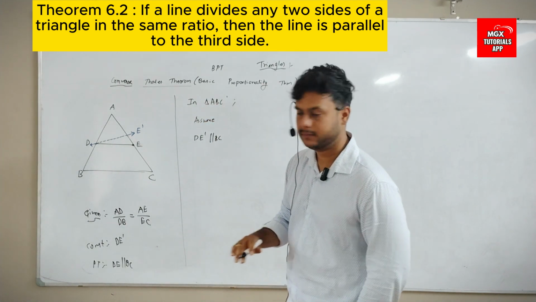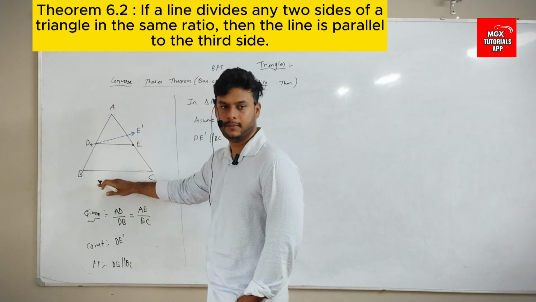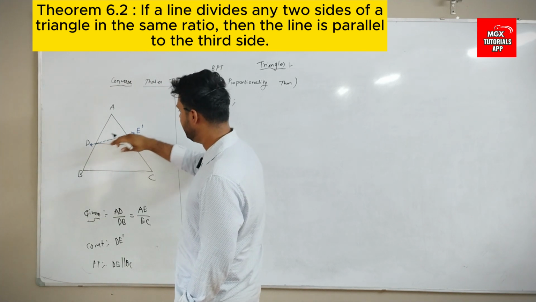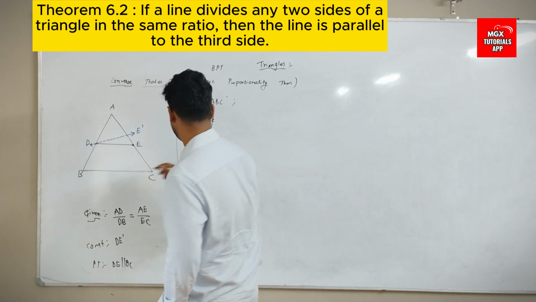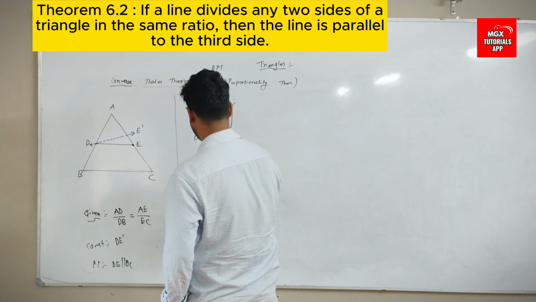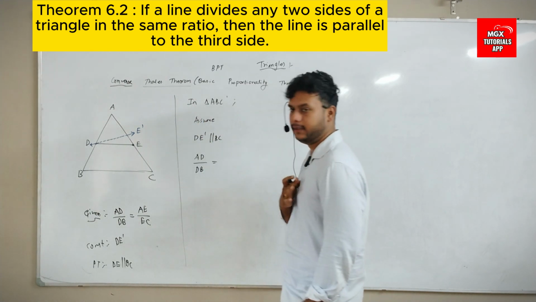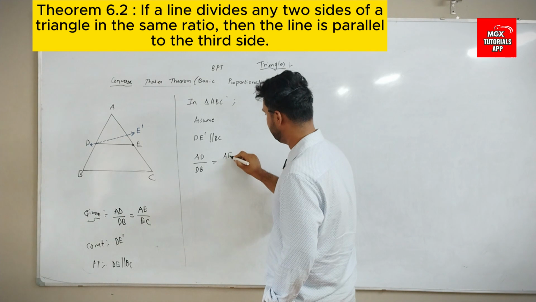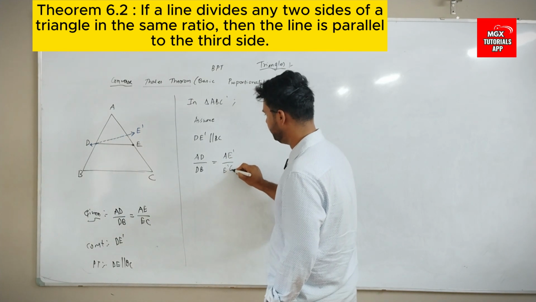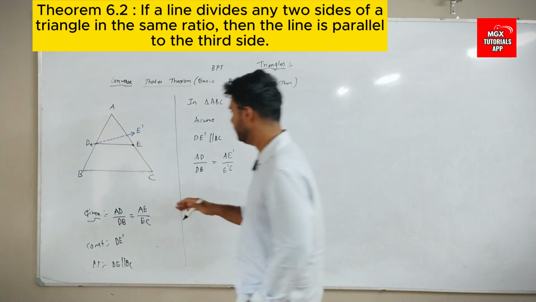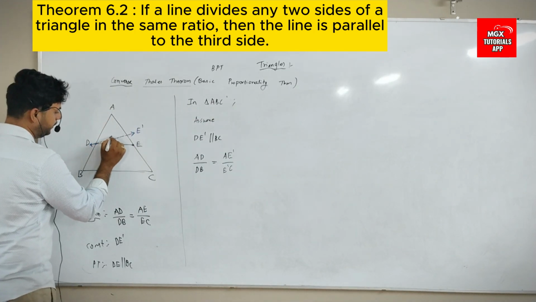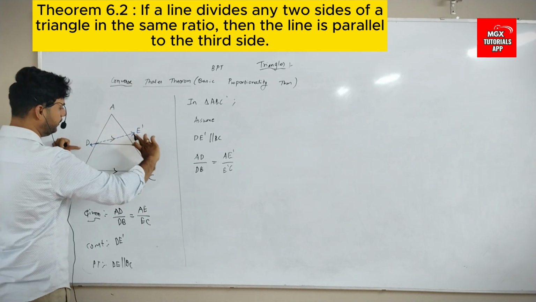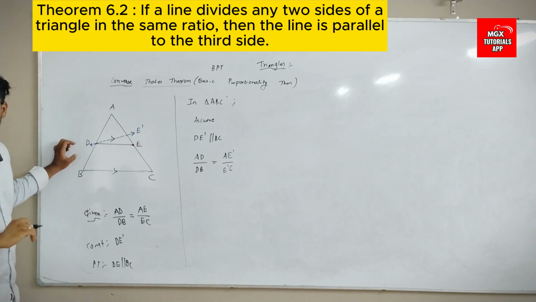Any doubts? I'm assuming that. Think this is a straight line. If DE dash is parallel to BC, can I write AD by DB is equal to what? You guys should tell me. AD by DB, very good, will be equal to AE dash by E dash C. Clarity?